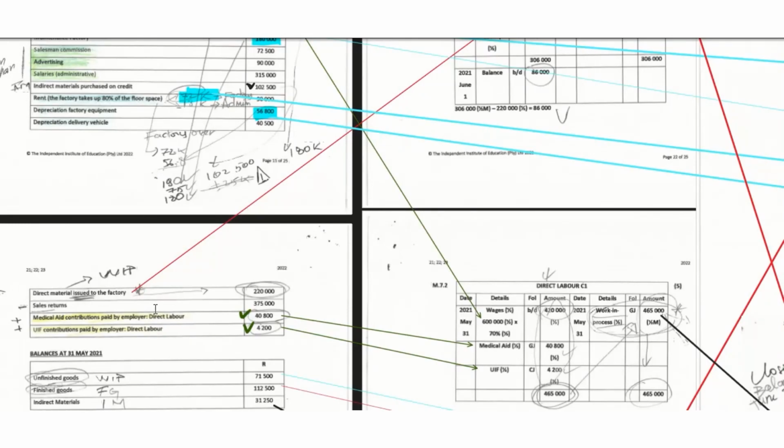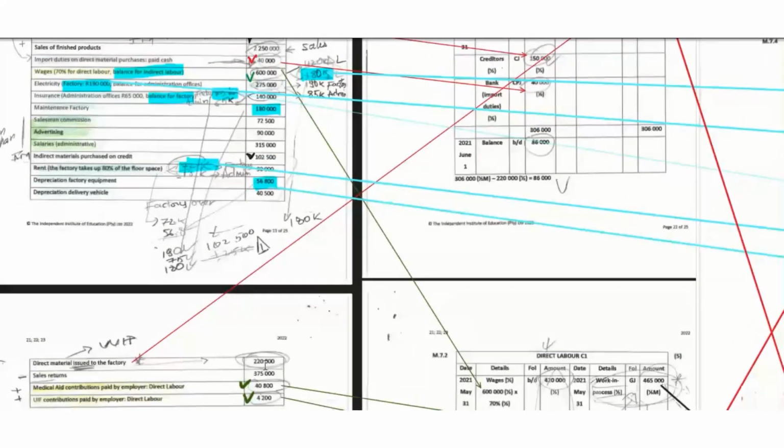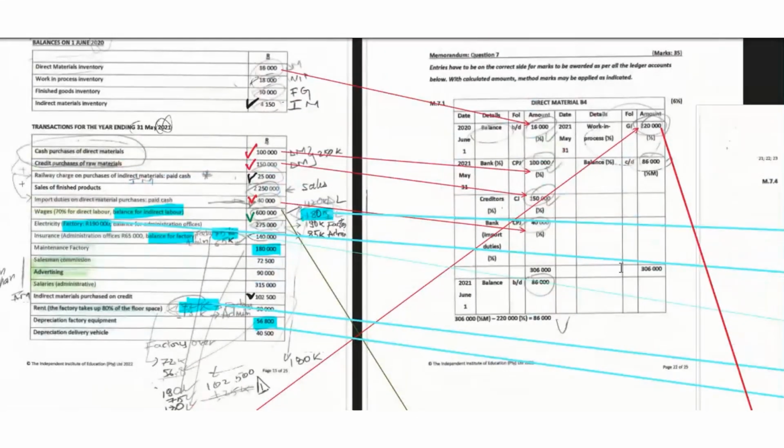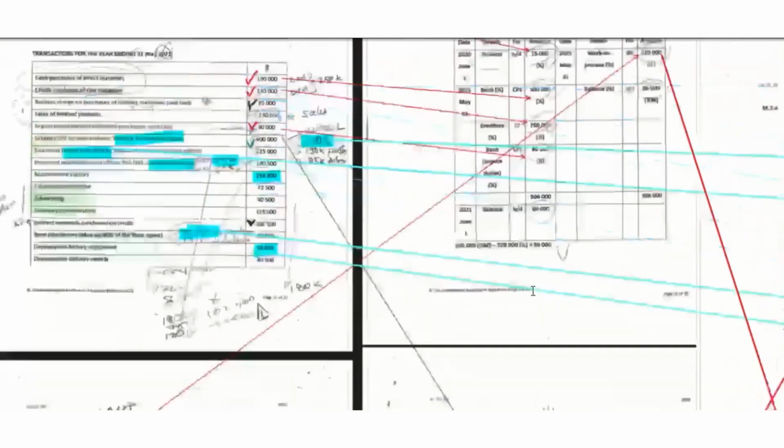That is very important. The amount is 220,000, and that's what is going to help us to find the balance. Because we have all the direct material, but what was sent for the actual production of goods is only 220. So the balance, we need to take it outside. And that's why you can see this balance is taken outside, because it was not used. All right, that's how you calculate this.